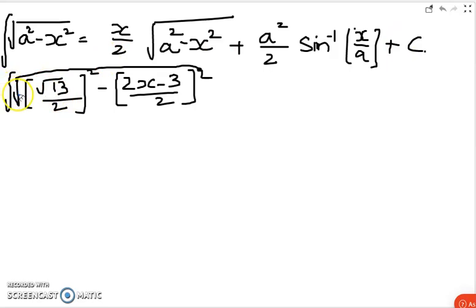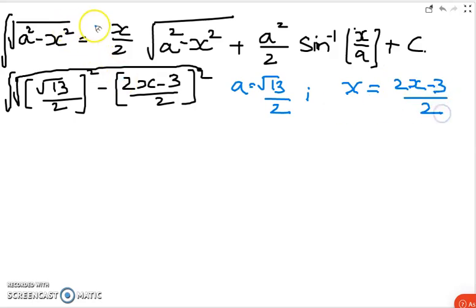The question was the integration of under root of root 13 by 2 whole square minus 2x minus 3 by 2 whole square. The value of a is root 13 by 2. In the same way, the value of x is 2x minus 3 by 2. Now in the place of x, just keep this, and in the place of a, just keep this.